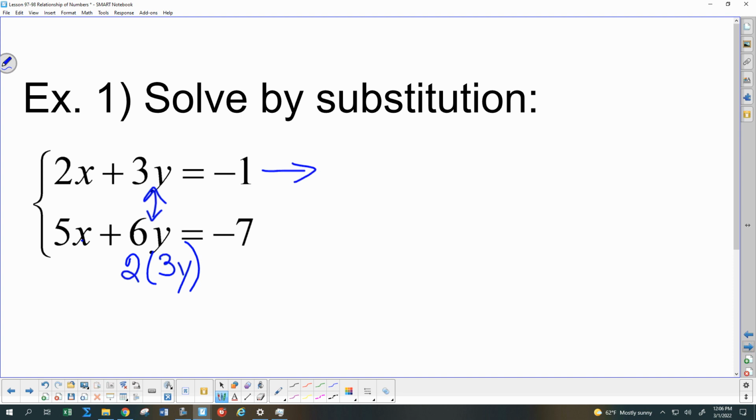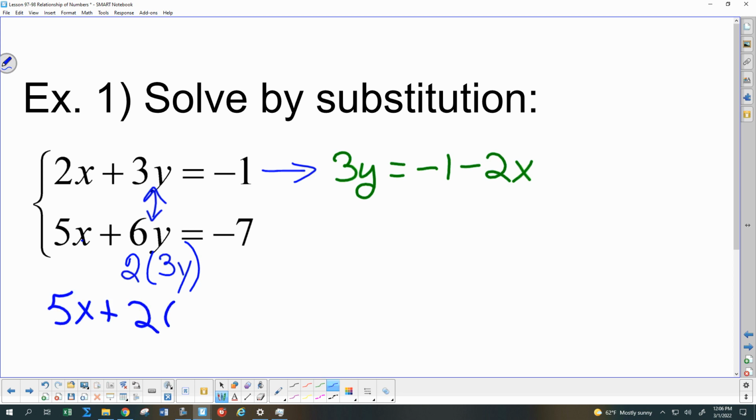But if we really want to do it by substitution, what we could do then is take this first equation and say that means 3y is -1 minus 2x. And this second equation is really 5x plus 2 times 3y equals -7.